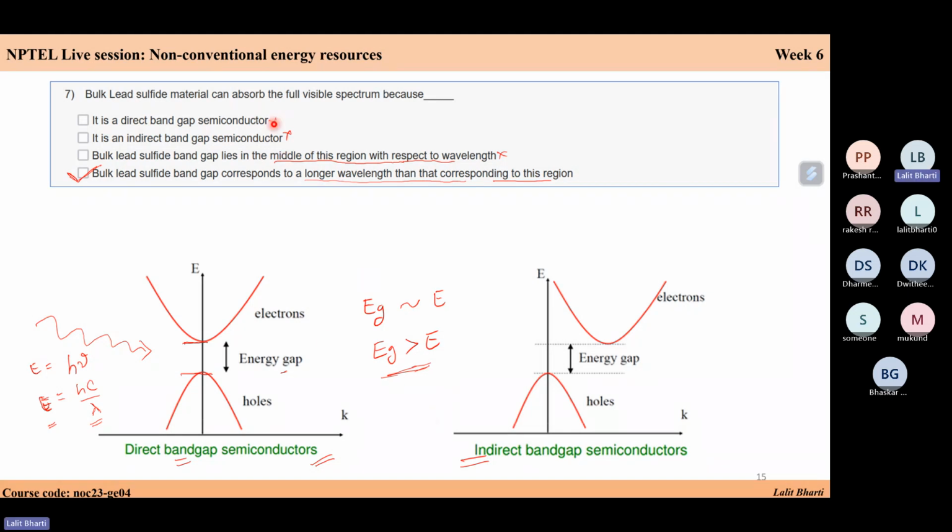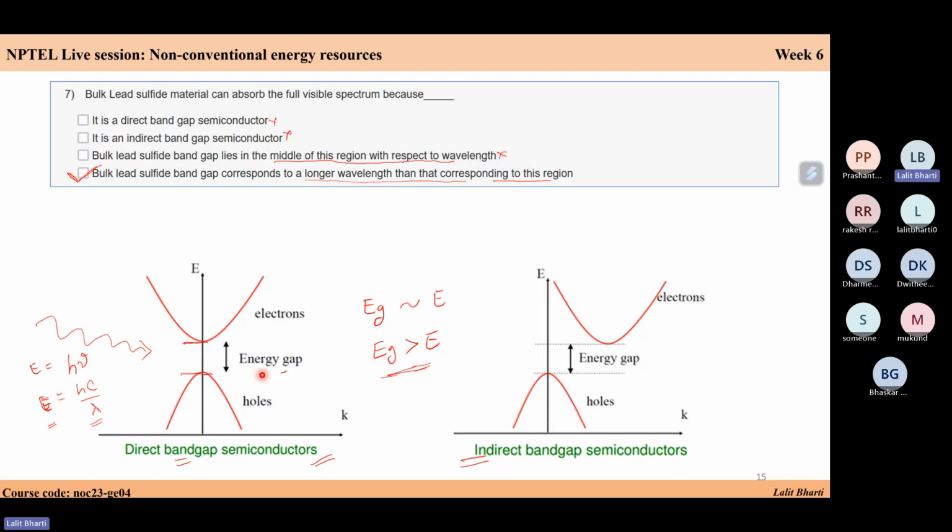The statements are not correct, because we know that for absorbing the visible spectrum or any spectrum, the condition is that your Eg, or your band gap, should be either equivalent to or slightly lower than the incident solar energy or the spectrum energy.